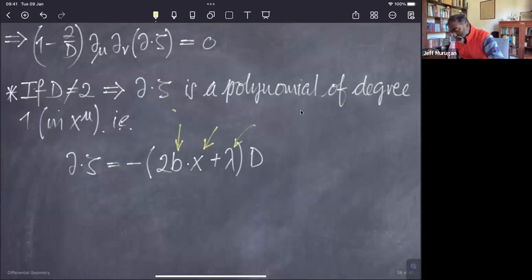So this is the slope, x dependence, and the intercept. And this minus sign and this factor of d here are there for convenience.